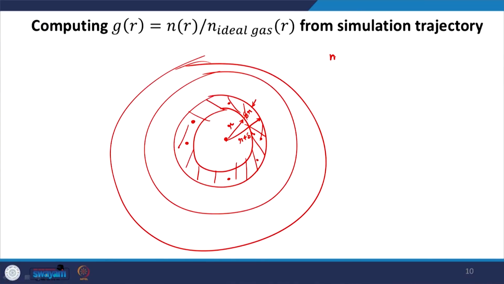So, if I want to find the g of r, I look at the number of particles at distance in range r and r plus delta r. Clearly, as we decrease the delta r, this definition becomes more and more rigorous.